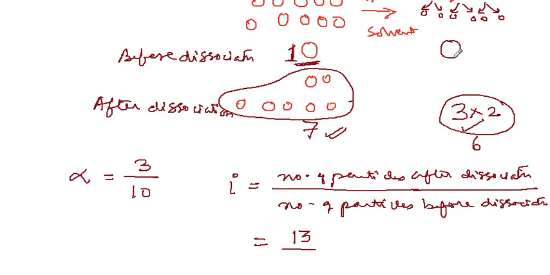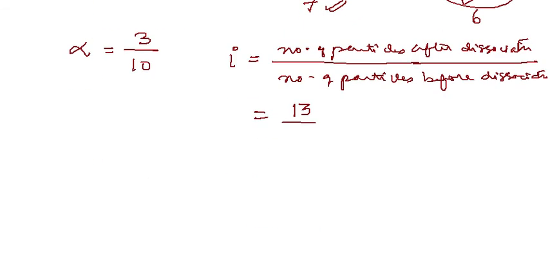In a way we can say 10 plus 0, or simply 10. So what can we understand for the Vant Hoff factor? That is I equal to 1.3, which means the concentration has increased by how many times?